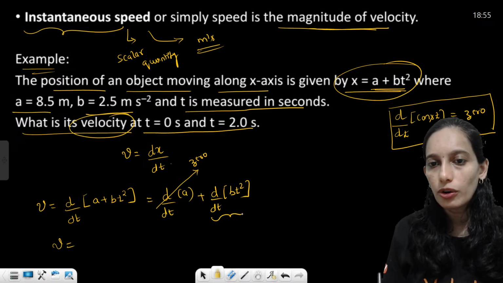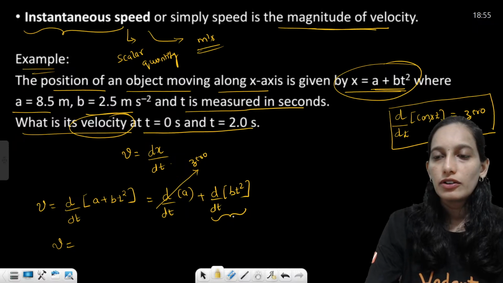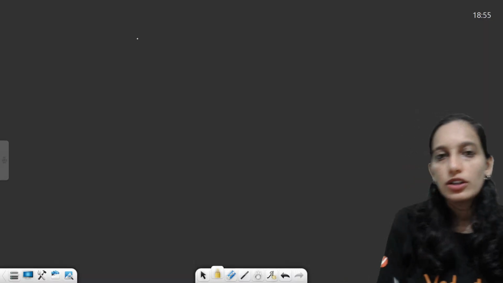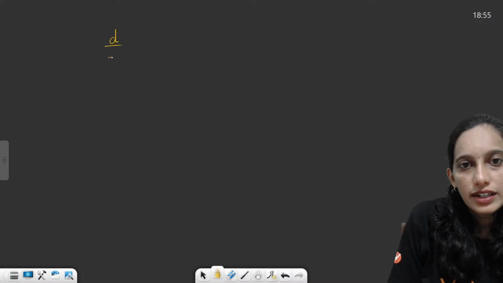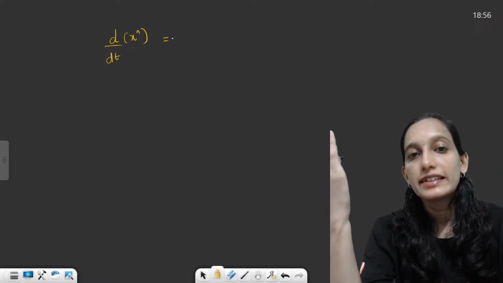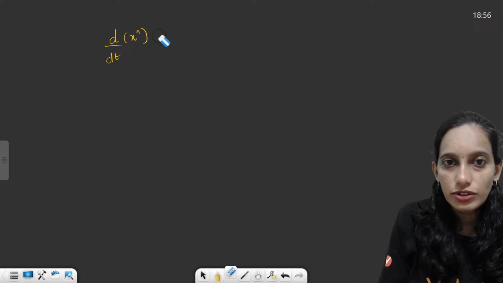Now our job is to differentiate b into t square. So I'll write the formula on the next page. The differentiation of x raised to n, here taking t raised to n.